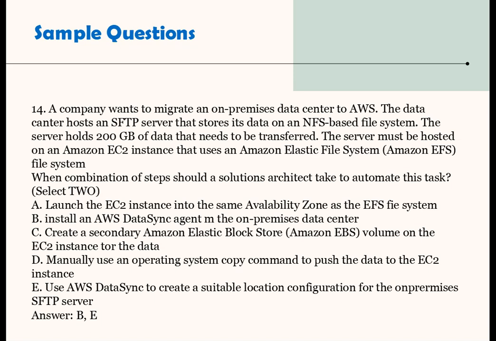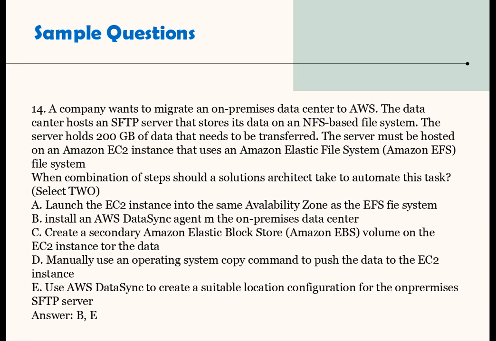Select 2. A. Launch the EC2 instance into the same availability zone as the EFS file system. B. Install an AWS DataSync agent in the on-premises data center. C. Create a secondary Amazon Elastic Block Store, Amazon EBS, volume on the EC2 instance.